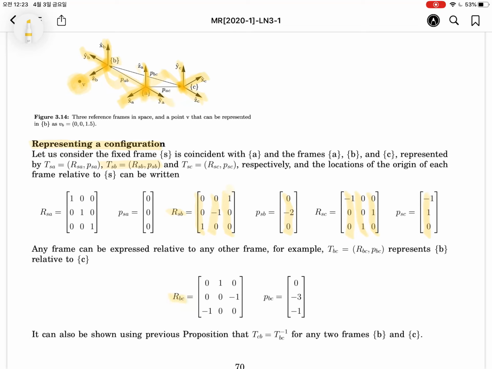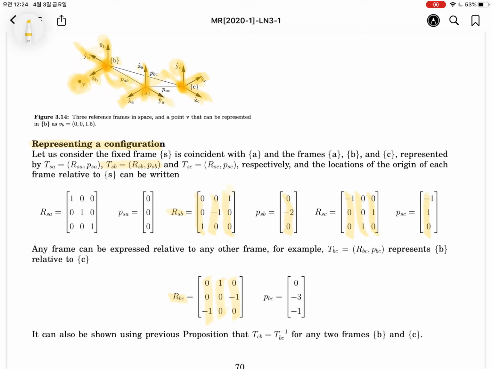For example, let's read the RBC. The C frame can be read using the B frame. Okay, how about that? X is equal to the minus Z, so 0, 0, minus 1. Y is equal to X, so 1, 0, 0. And then Z is equal to minus Y, so 0, minus 1, 0. Okay, maybe the origin of the C frame can be read using the B frame.